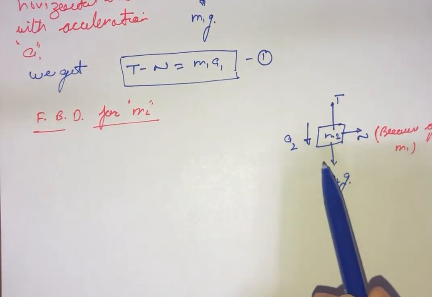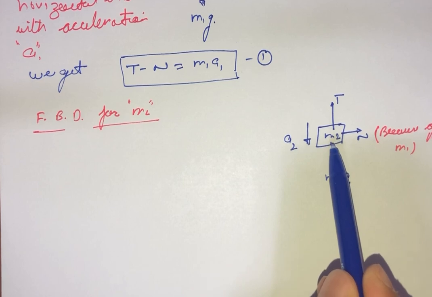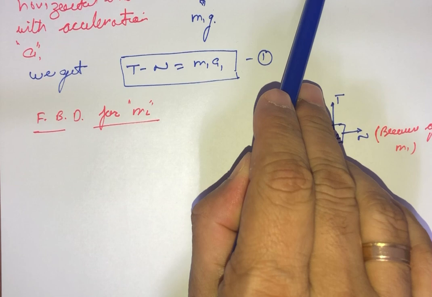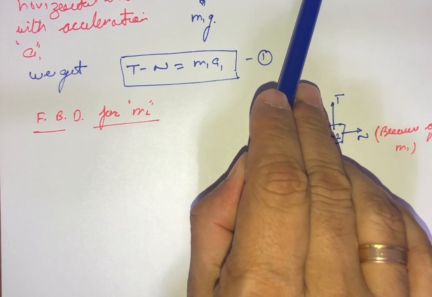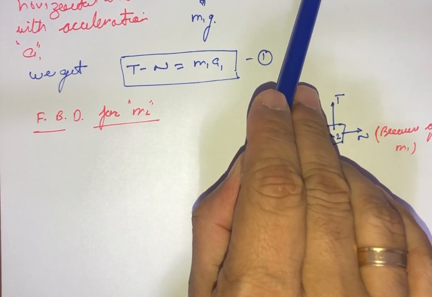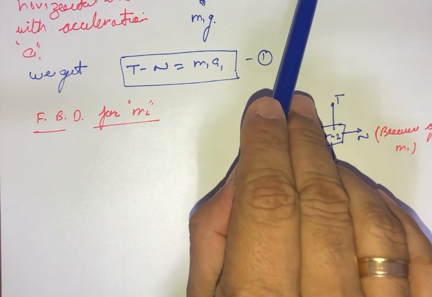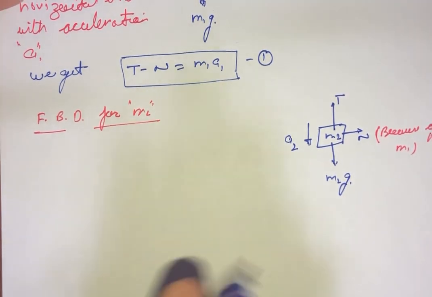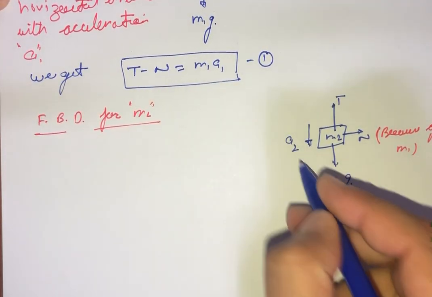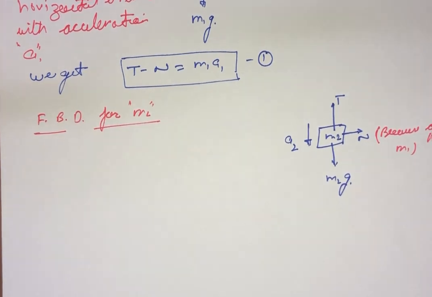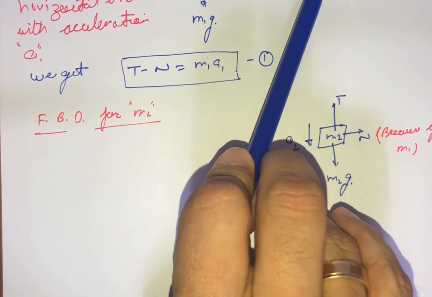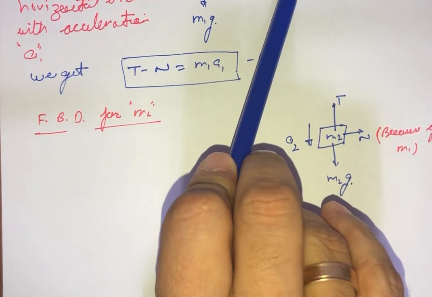Now as m2 and m1 are interconnected, m2 is going to have two types of motion. One will be vertical, another one will be horizontal. Now a2 we assumed is the acceleration in the vertical direction. So the horizontal acceleration of m2 will be same as that of m1.